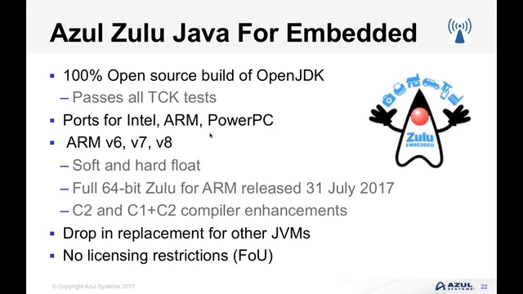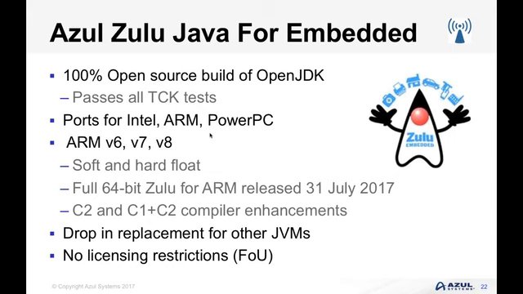And what we've also done is some work around the way that the internal JIT compiler works. There are two compilers, C1 and C2, sometimes called the client and the server compiler. And we've done a lot of work to improve the way that works, specifically for embedded devices. This is a drop-in replacement for other JVMs. So it is just a JVM.